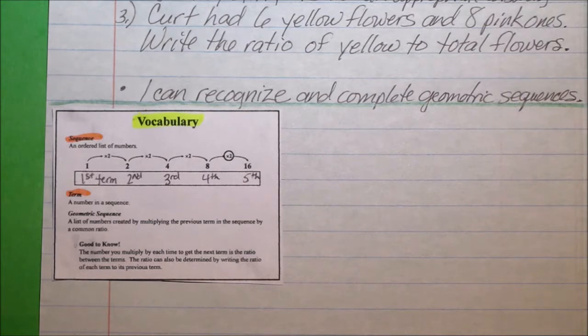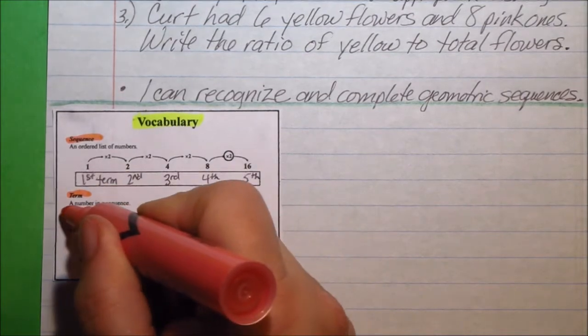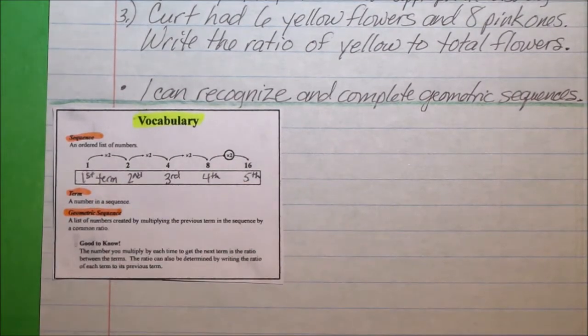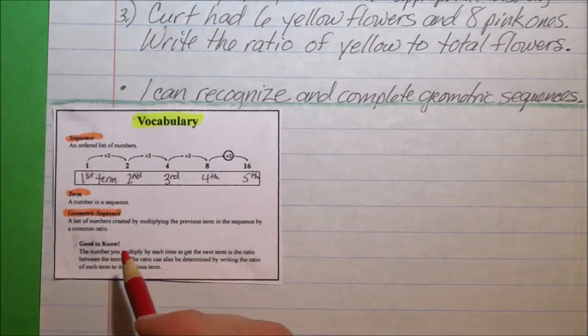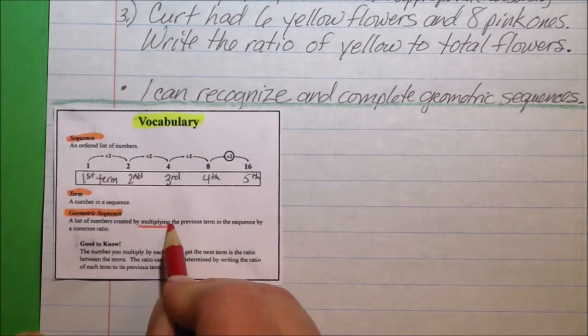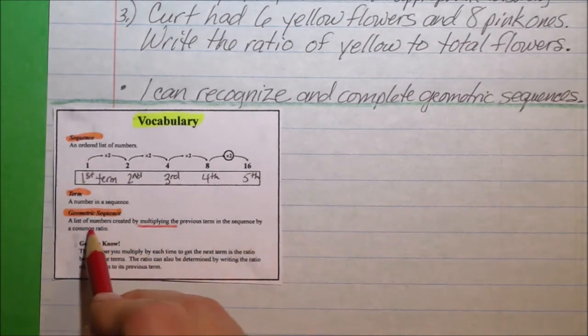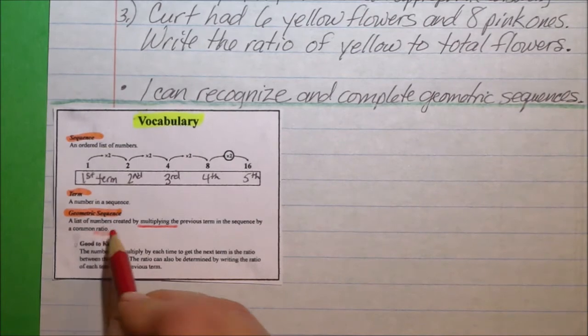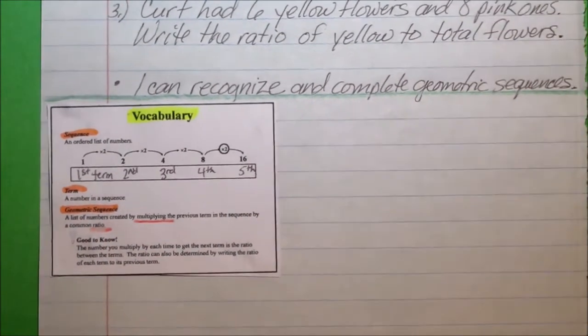All right, and then the definition of a geometric sequence is a list of numbers created by multiplying the previous term in the sequence by a common ratio. So we have to figure out ratios and then multiply. So I'm going to underline multiplying and ratio. That's what's happening when we're dealing with geometric sequences.